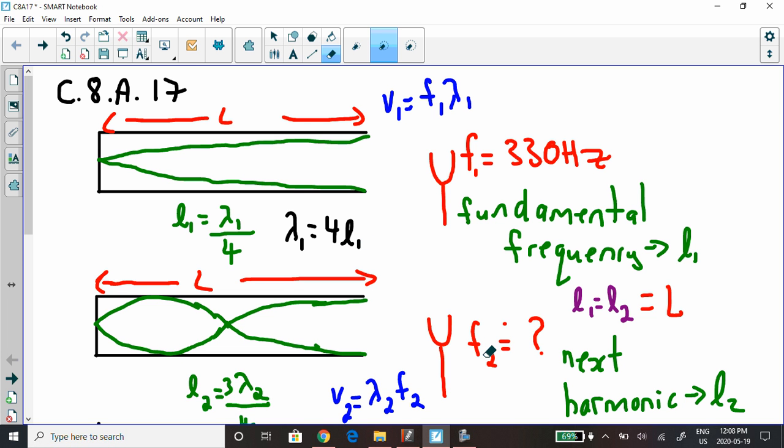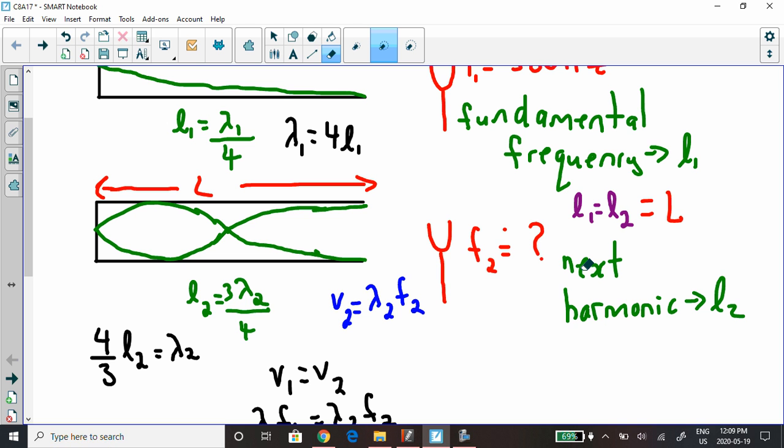Now, what they want you to calculate is the frequency of the tuning fork which will set up the next harmonic. The next harmonic means what frequency will set up a resonance which is operating not in L1 but in L2, the second resonance. It looks like this, if you remember from our notes.